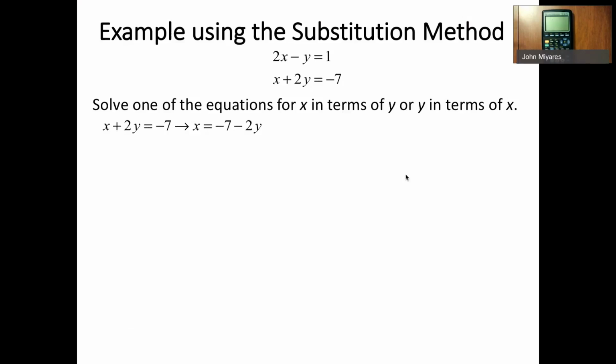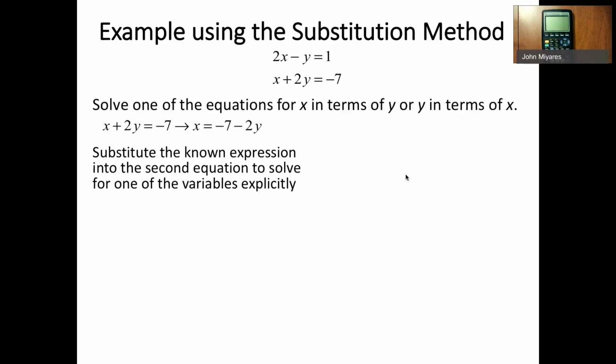From here, we want to substitute the known expression into the second equation so we can solve for one of those variables explicitly. So we've got our second equation, 2x minus y equals 1. And I know that x equals -7 minus 2y. So we'll plug that in for x to get 2 times the quantity, -7 minus 2y, all minus y equals 1.